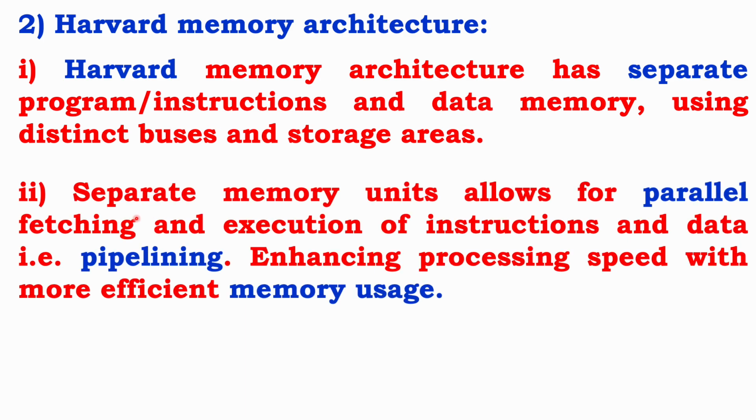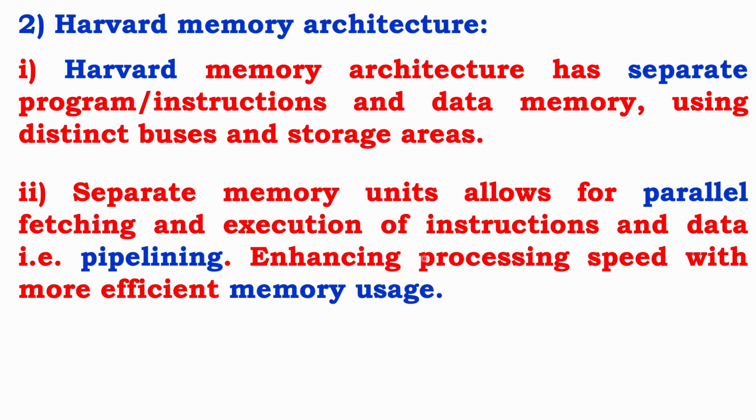What we discuss here is that there are separate memory units that allow parallel fetching and execution of instructions. So there is no need for sequential operation of F1 and E1. When E1 is executing, F2, the next consequent instruction, is ready for execution. It is already fetched during the execution of the previous instruction.